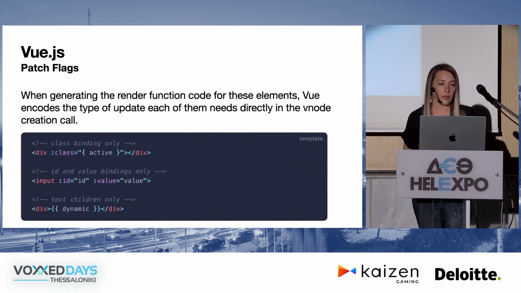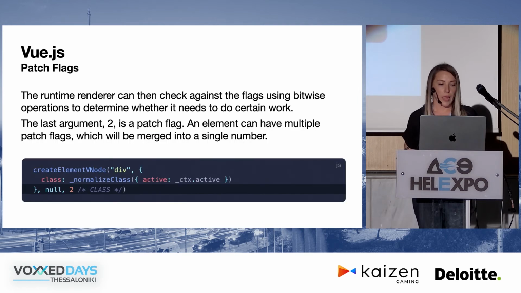One more thing about the patch flags. This is a very interesting feature. It generates some numbers in the code. It leaves behind some generated code with some numbers. So in case we had this HTML code that has some tracked dependencies, Vue at the end would create this kind of function, where you can see there is a number at the end, 2.